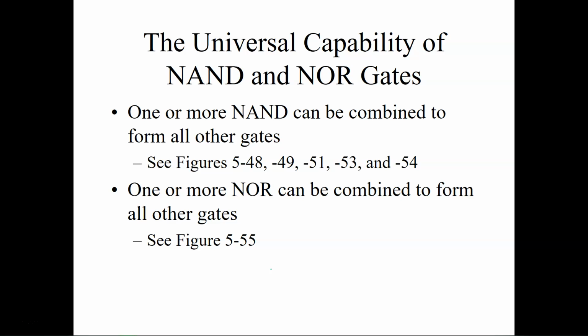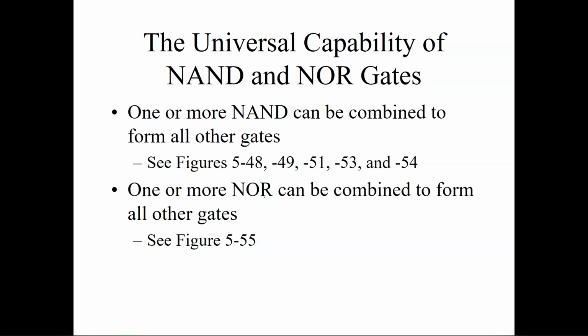So the capability of NAND and NOR gates. If you combine one or more NAND, you can form any other gate you need to, as well as for NOR. But you can't combine NAND and NOR to create another gate. Does that make sense? In other words, with NOR, I can cancel out the inversion by using another NOR gate.